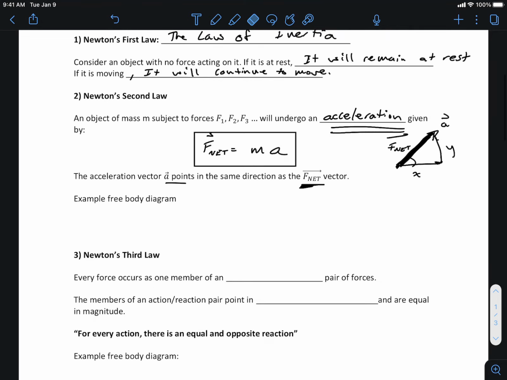So for instance, here I'll draw another free body diagram, just as an example. We'll have some mass m sitting by itself here, and we're going to have typically all the forces acting on the center of the object. Right, we're going to have Fg.